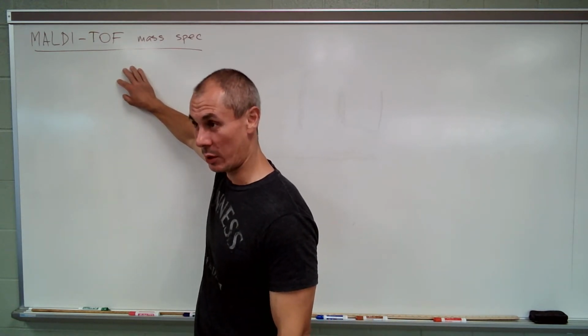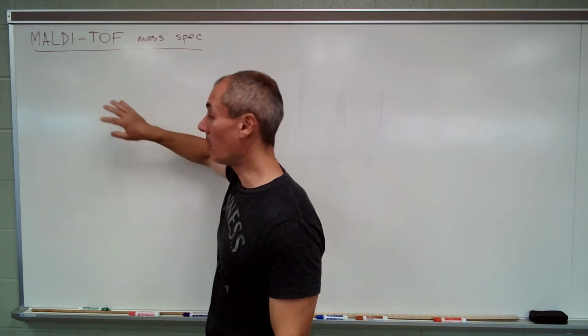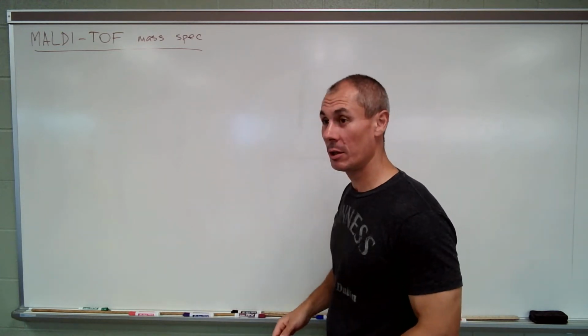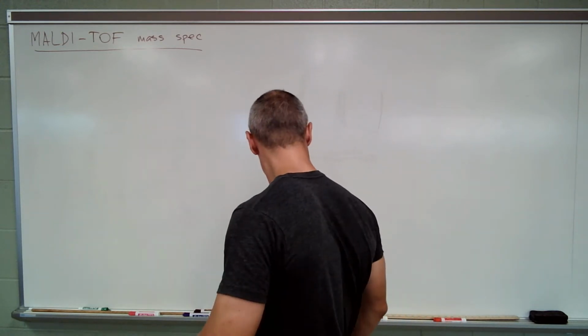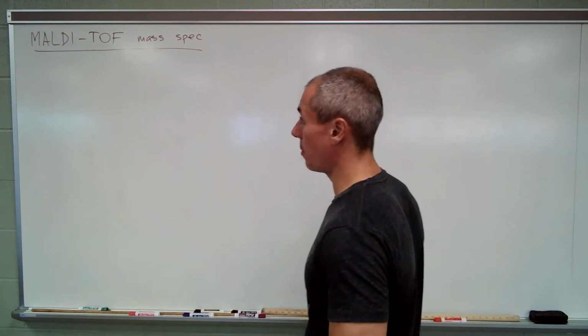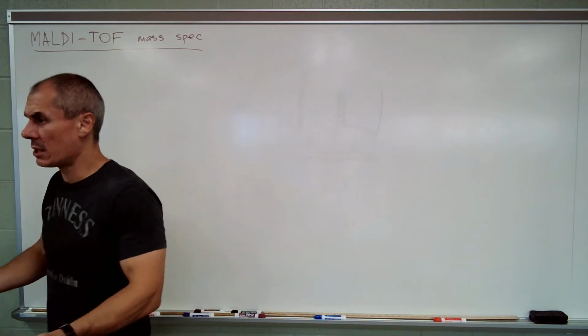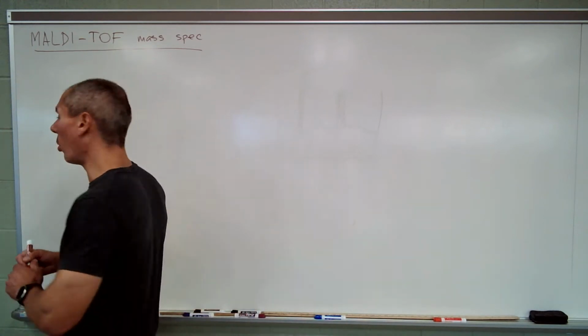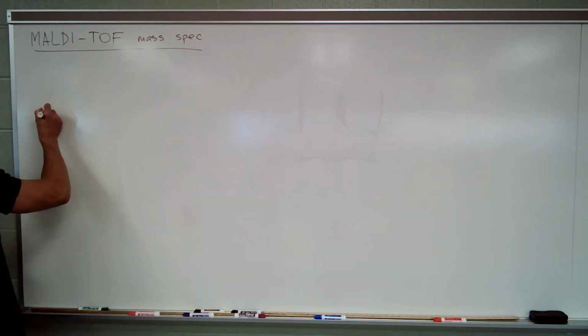out of it. Okay, so we're gonna start with the letter M, which stands for matrix. Okay, so you have some kind of a matrix. It's a chemical, basically. It really is a polymer.